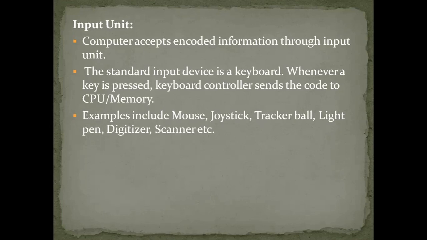Whenever a key is pressed, the keyboard controller sends the code to the CPU. That means data is sent to the CPU. Examples of input units are mouse, joystick, trackpad, light pen, digitizer, scanner, etc.